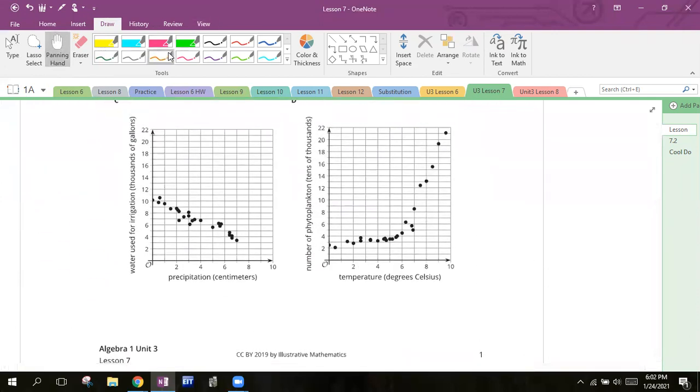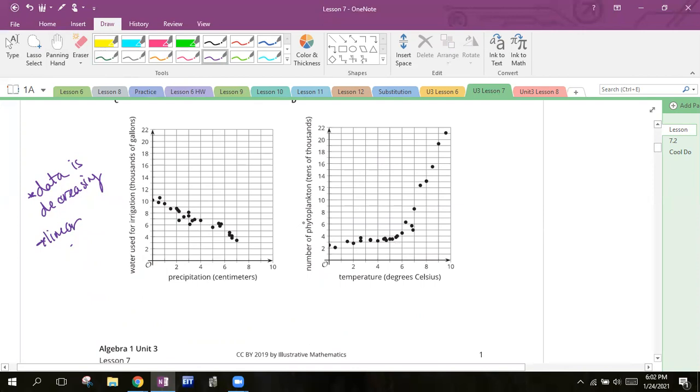All right, so this one, we can see the data is decreasing. Okay, it looks to be more linear, just like we talked about in the other one. See, it's because it's pretty close together and clustered together.